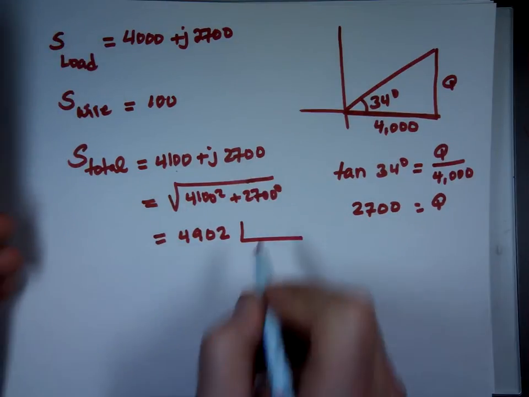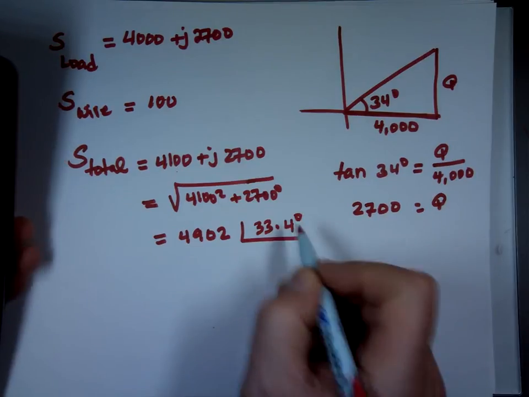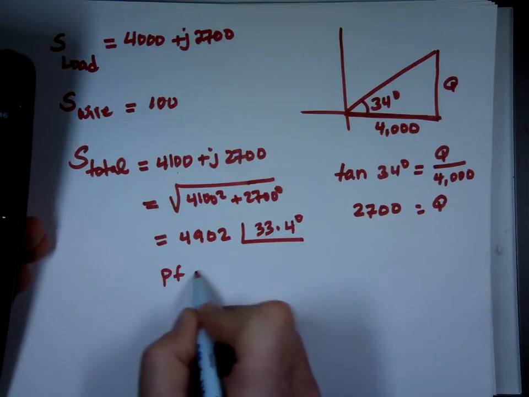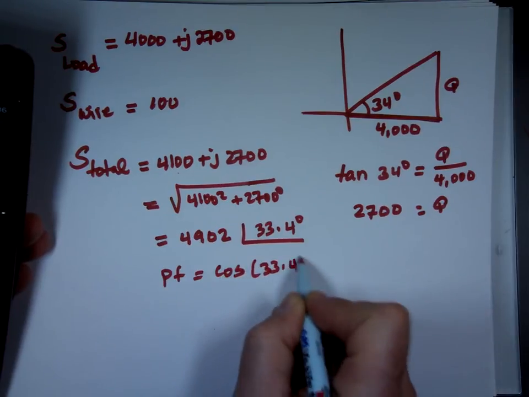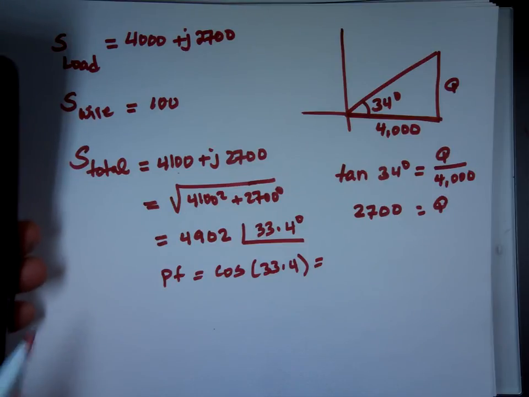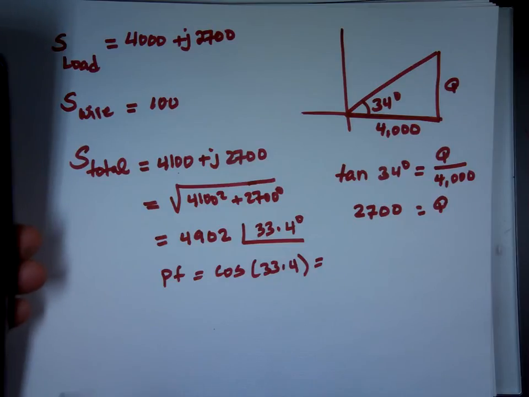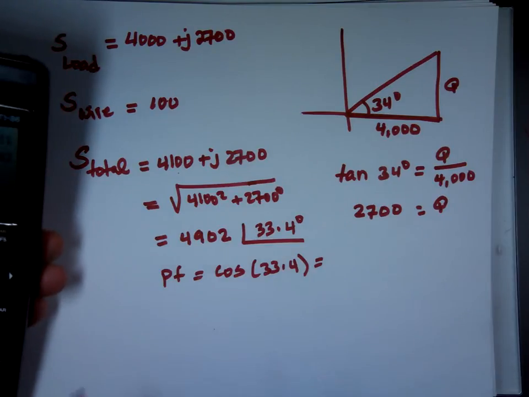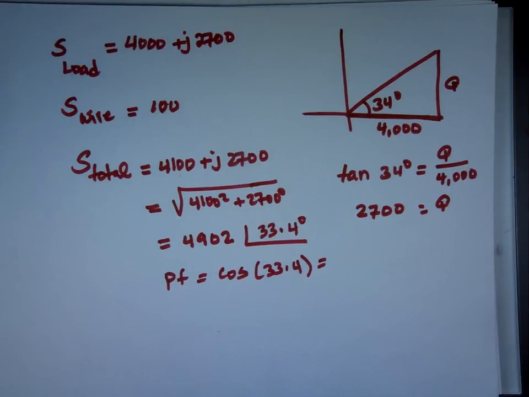33.4 degrees. So really the power factor equals cosine 33.4, which is 0.835. I'm sure rounding errors affected that a little bit there. How did you get the angle 33 point?